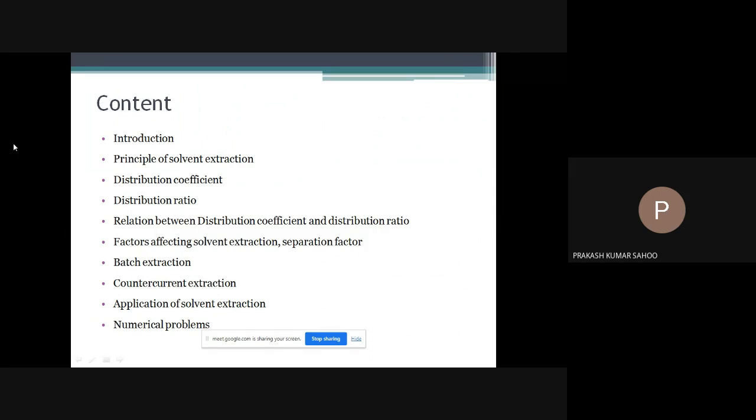Then what is the distribution coefficient, the distribution ratio between aqueous solvent and organic solvent, and the relationship between distribution coefficient and distribution ratio. Then factors affecting solvent extraction, separation factors, batch extraction, counter current extraction, applications, and the last one will be some numerical problems.